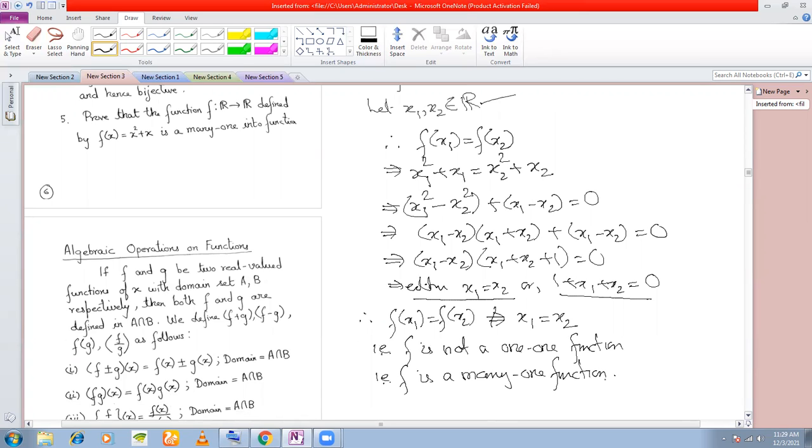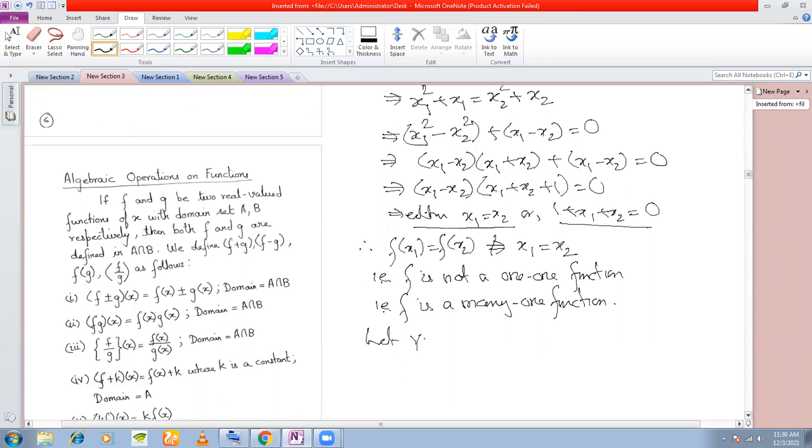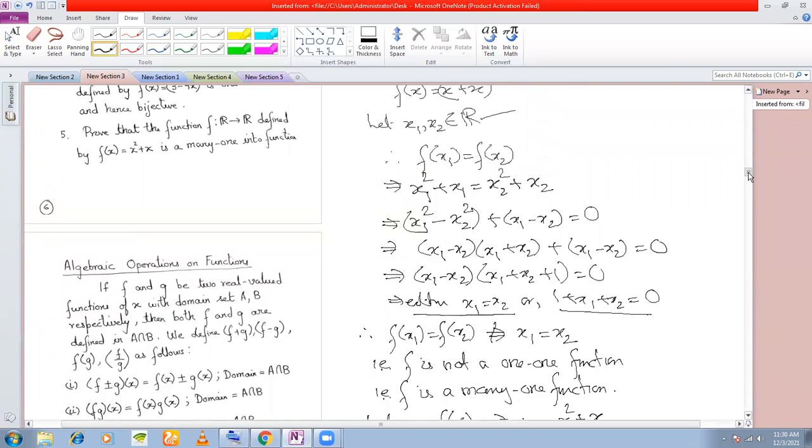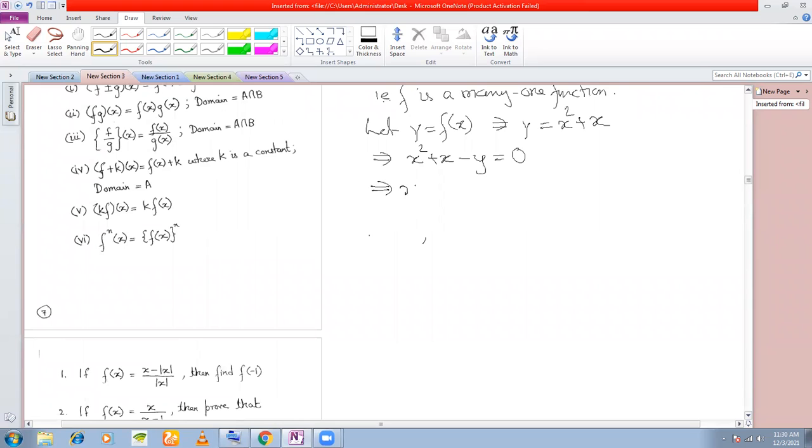Now we'll proceed to show that f is not onto. How do you show f is not onto? The usual way, you say let y is equal to f(x). What do you get? You get y is equal to, what was the function here? x squared plus x. Now we need to find out x in terms of y. So how do you find out x in terms of y? You express it as a quadratic and then you solve this quadratic.